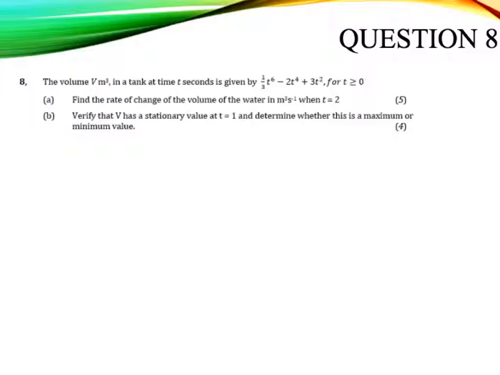Part A says, find the rate of change of the volume of the water in meters cubed per second when t equals 2. The key part of this is rate of change. We've done work on rate of change in the past, in terms of how one thing changes compared to something else, probably how y changes in comparison to x, or the gradient function.